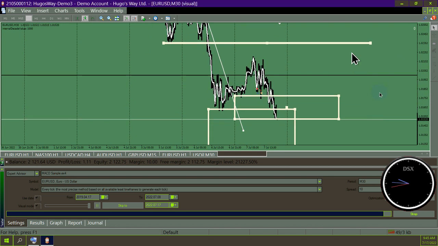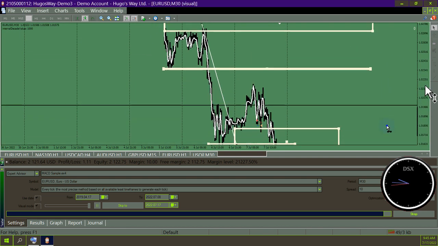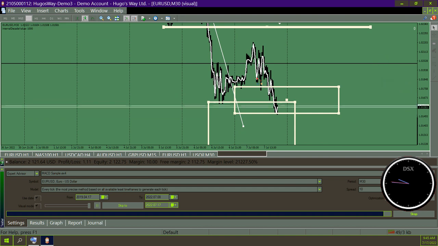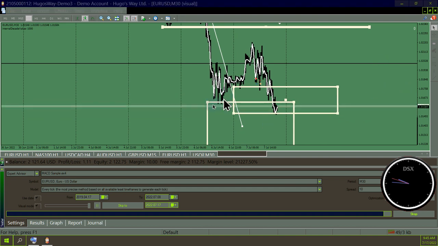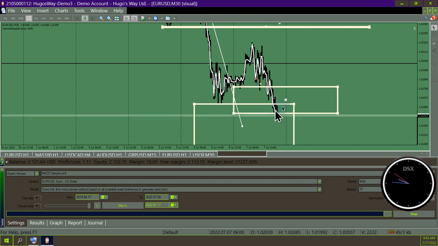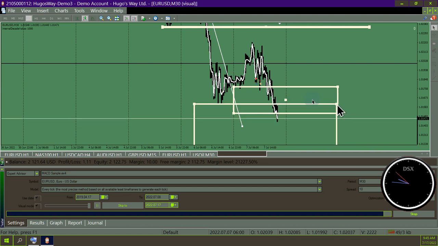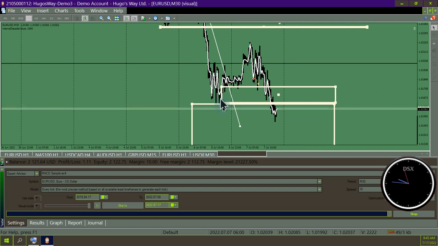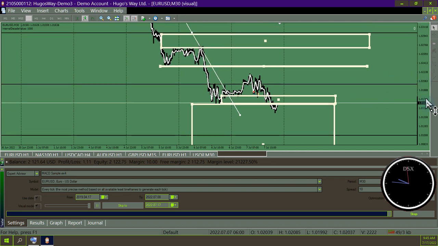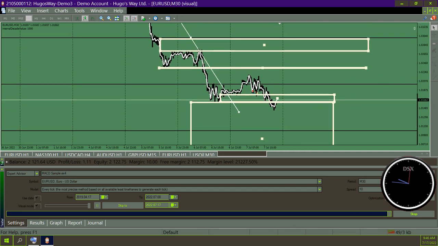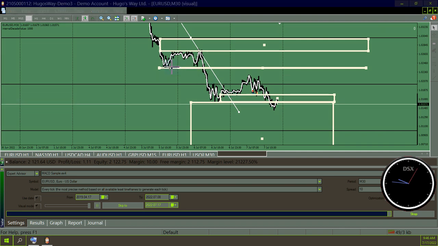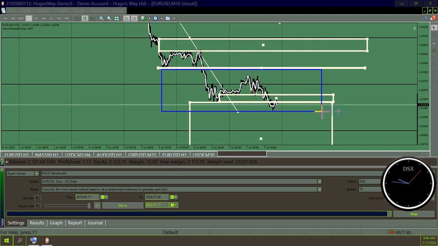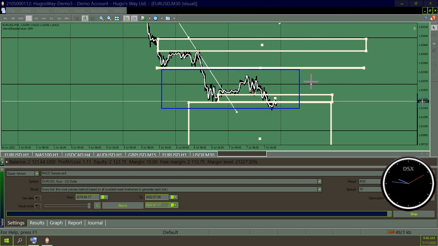Wait for the pullback. I mean the rally. Don't necessarily have to get it, but this is the box that everybody is scalping to the top of, and we are severely long. And we're saying that this is accumulation. Everything below here now for the last day and a half.